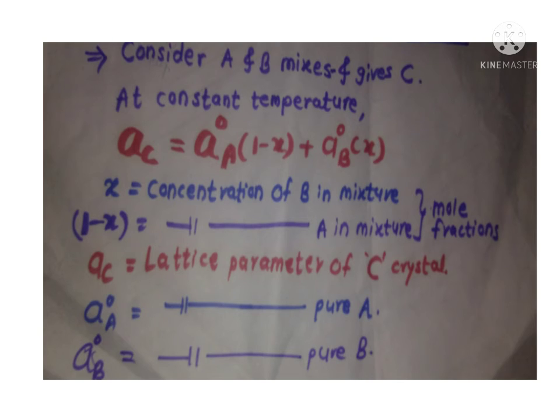In the equation, a_C is the lattice parameter of the C crystal. a_A is the lattice parameter of the pure A component. a_B is the lattice parameter of pure component B. X and 1 minus X are the concentrations of B and A respectively in the mixture, which are nothing but the mole fractions of components B and A respectively.